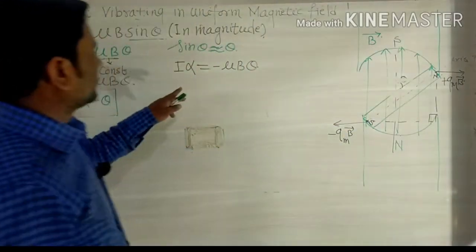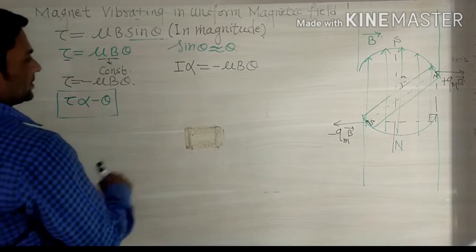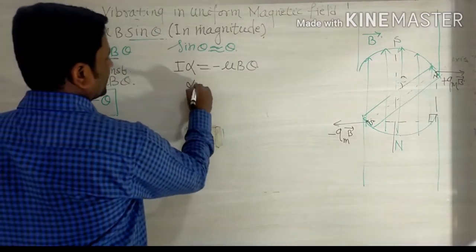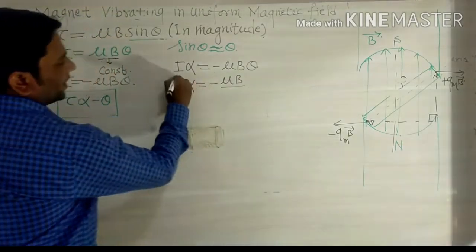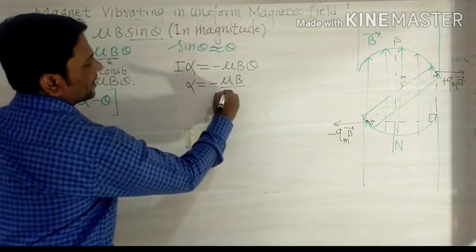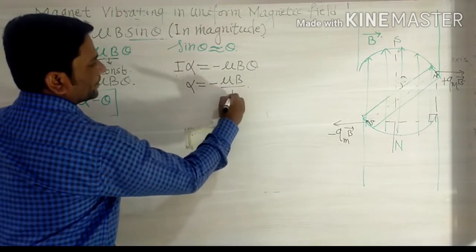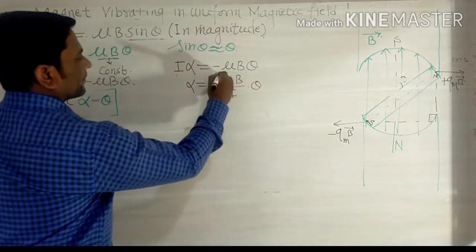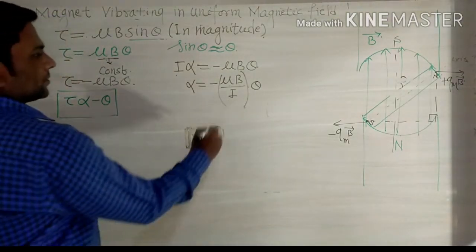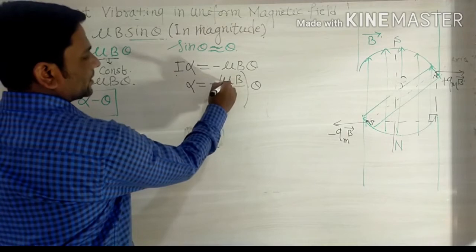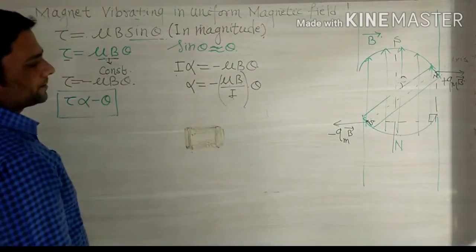Let us see simple harmonic motion. So alpha is equal to what? Minus mu B upon I into theta. The moment of inertia, the magnetic dipole moment, and the uniform magnetic field are constant.